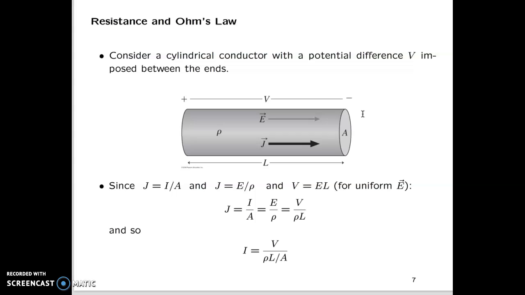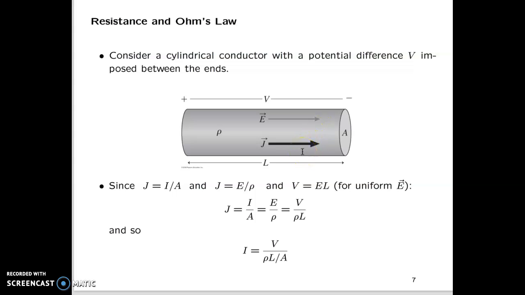If this is the high potential side and this is the low potential side, what that means, remember from an earlier chapter when we discussed the relationship between electric potential and electric field, is that there's going to be an electric field, here it is, pointing in the direction from high potential to low potential. So high is on the left, low is on the right, the electric field points to the right.